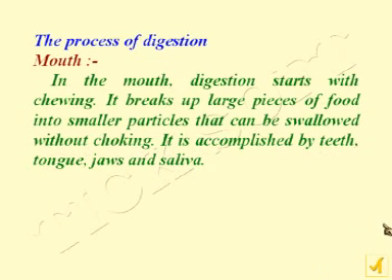So our mouth is the machine which grinds the food particles into small pieces. The starting process of digestion is chewing. In the chewing process, the large food particles are broken into small pieces using the teeth, tongue, jaws and saliva.